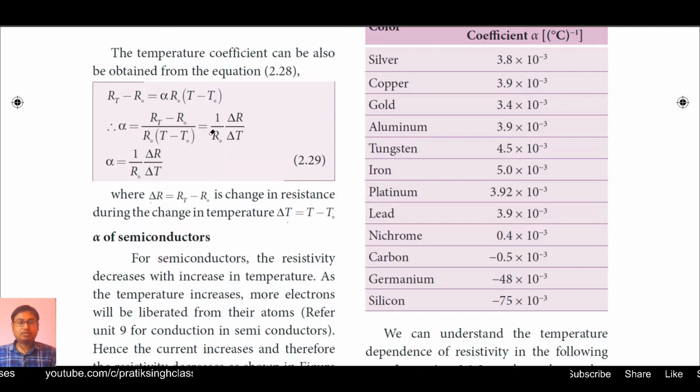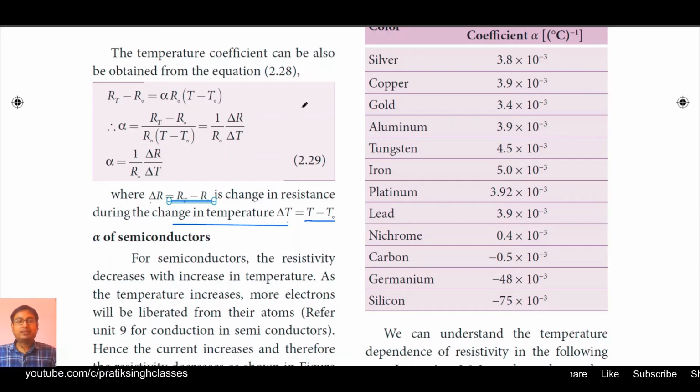So alpha is equal to 1 by R naught into del R by del T. Here del R, as given in the book, is equal to RT minus R naught, that is the change in the resistance of the material at two different temperatures, and the change in temperature del T is T minus T naught.